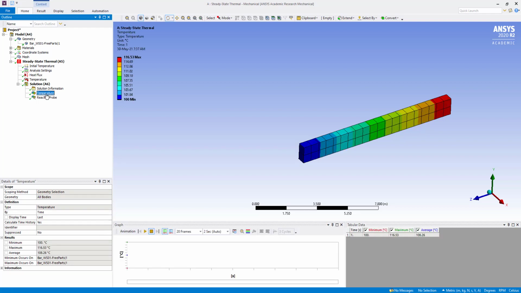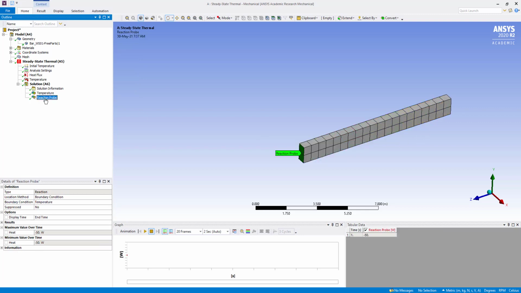So now you can see this is temperature, 100 degree it is at this point, minimum, and maximum is 116.53 at this point. If we see reaction probe, that is 50, minus 50 watt it is coming at this point.